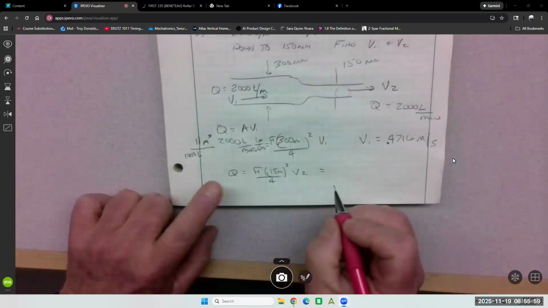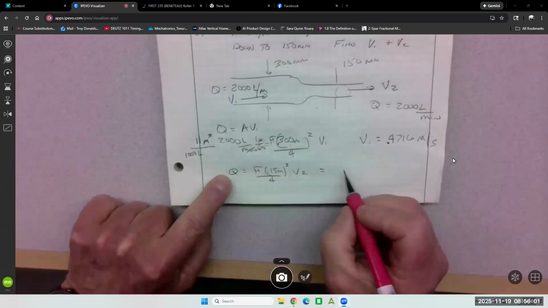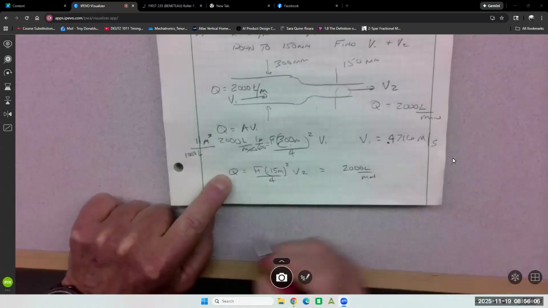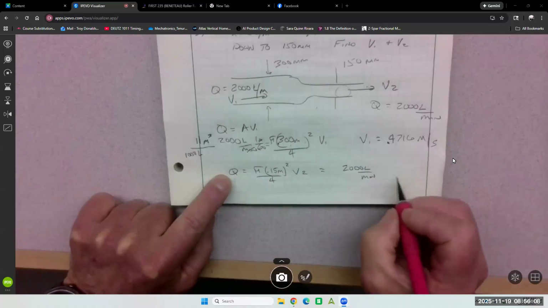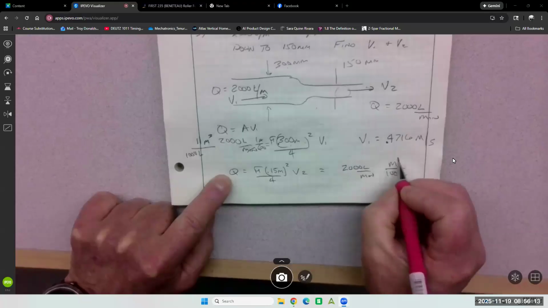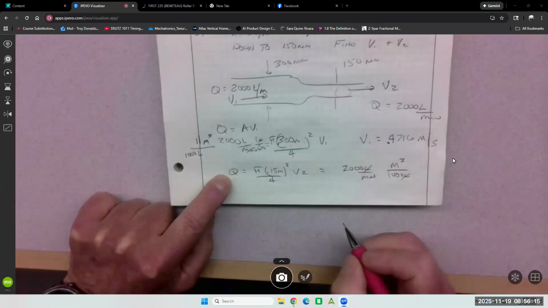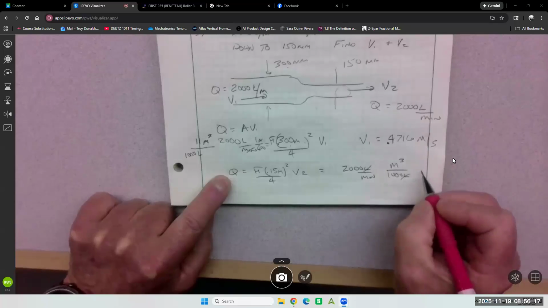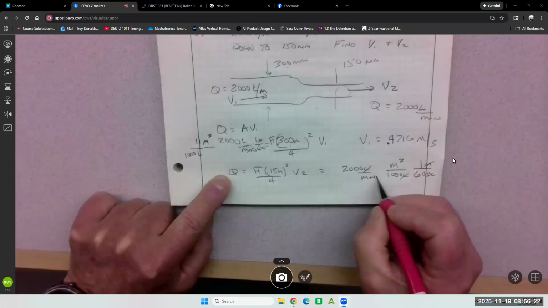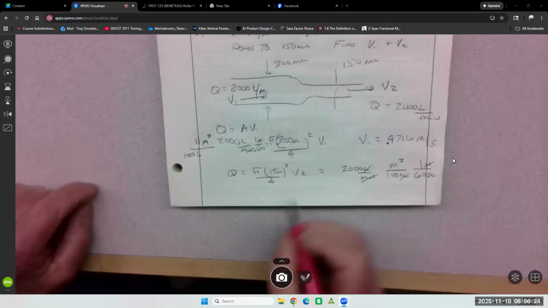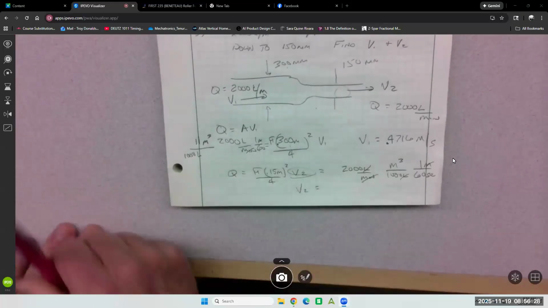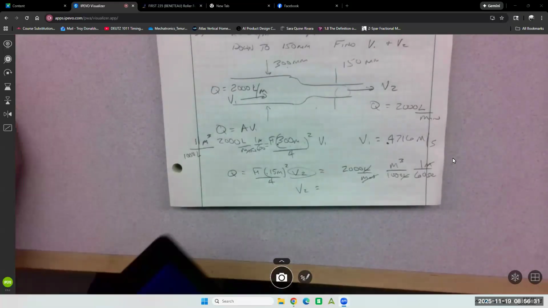So instead of this Q, the 2,000 liters per minute, we'll do the same thing. We'll say, okay, there's 1,000 liters per meter cubed, and then there are 60 seconds per 1 minute, cross that. That should give us V2. All right, see what I get.